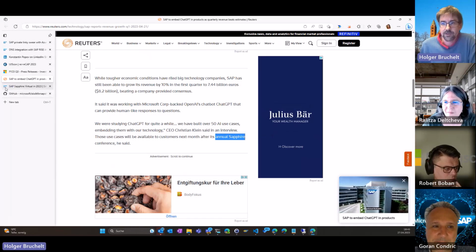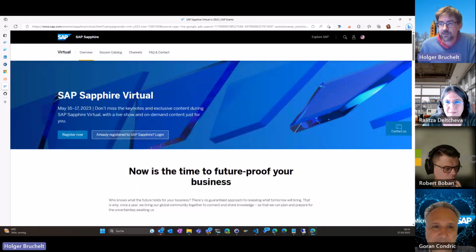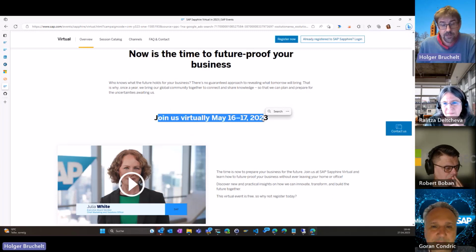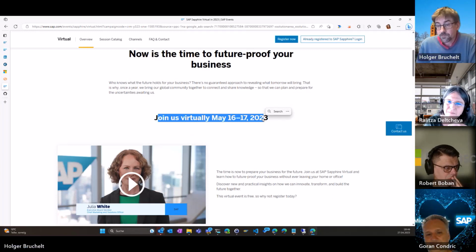Sapphire is on site in Orlando, but there will also be a virtual event and on-demand sessions. So whether you are in Orlando, then come by the Microsoft booth. I think we'll also have some really cool sessions there. But if you cannot make it, then definitely join virtually and participate.